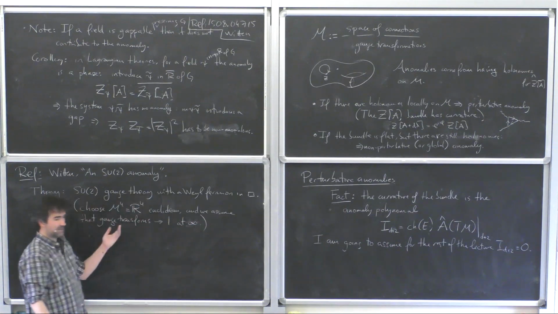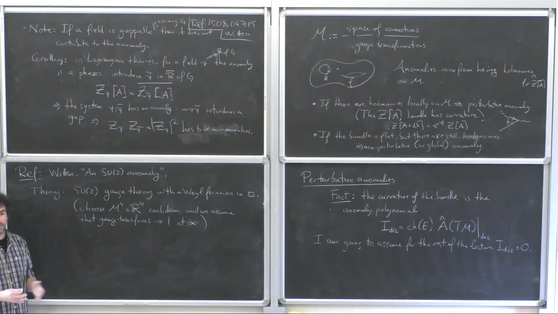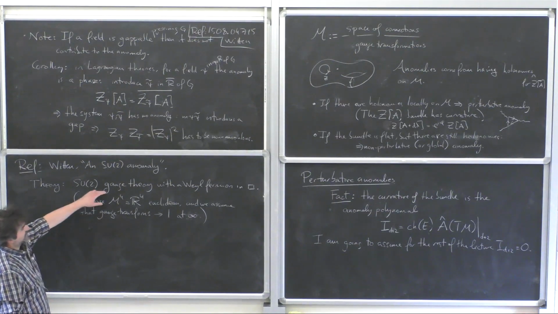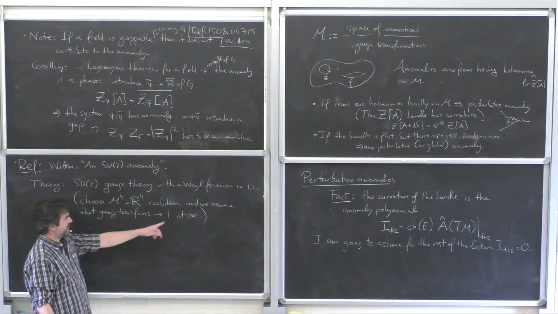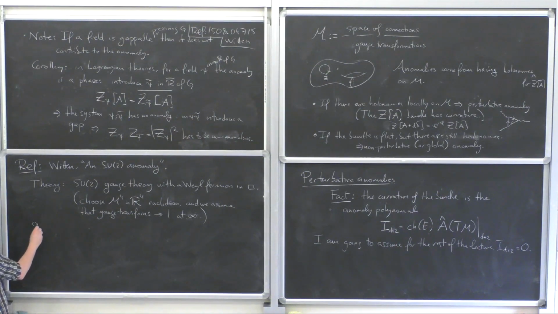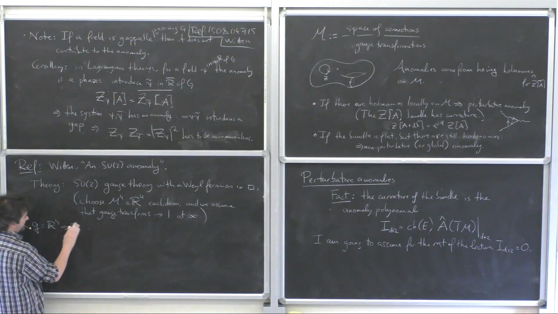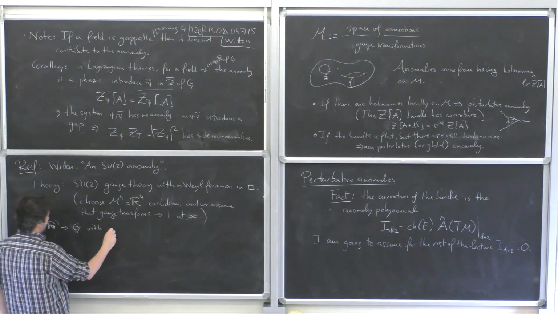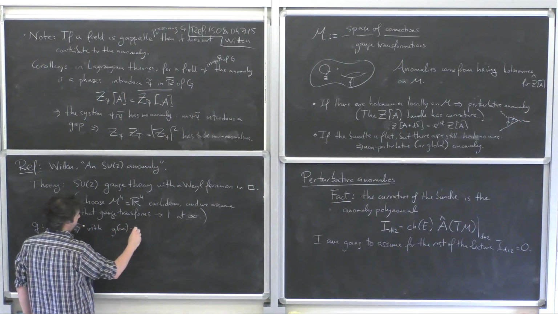This is not really much of an assumption. If it doesn't go to the identity at infinity, it's just not a gauge transformation. So when I'm talking about gauge transformations, the things I'm going to quotient by, they have to go to 1 at infinity. Now you have some function g from R4 to SU(2), to some group G, with g at infinity going to 1.